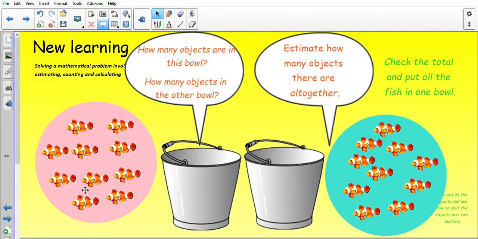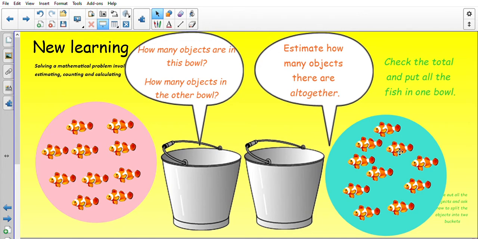So there are 10 in that bowl. How many do you think are in the other bowl? Have a look. How many do you think? Have an estimate first and then count them. 10. Well done. So there are 10 in this bowl and 10 in this bowl.